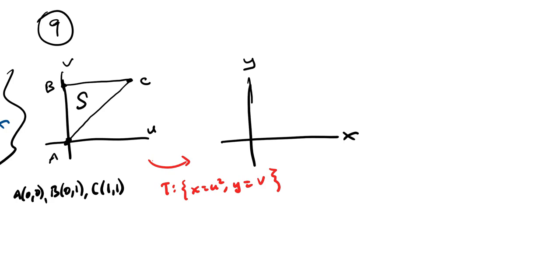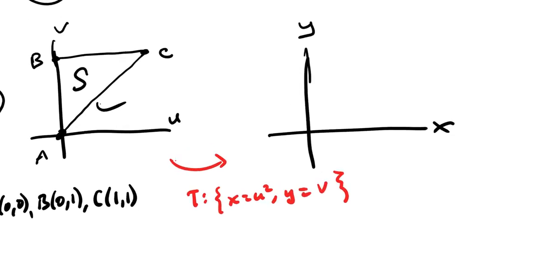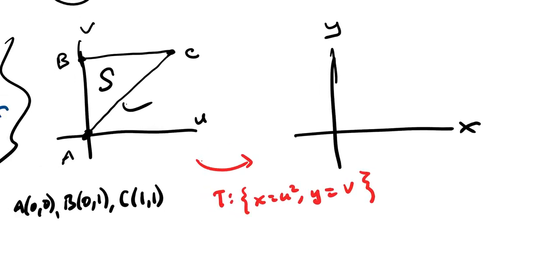So when you look at AC here, I've lettered the points. If you look at AC, that is u equals v. So if I apply that to T here, when u is v, then x is y squared, which is the same thing as square root of x equals y.